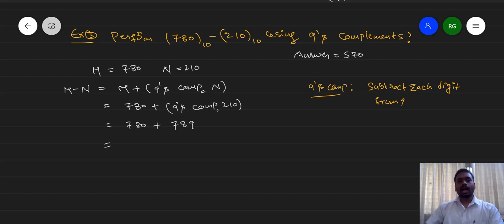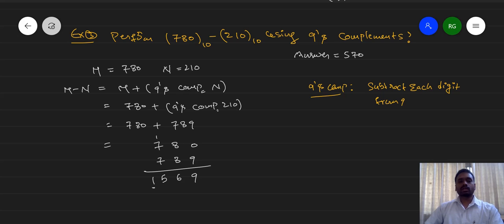So let us add these two numbers. The first is 780, the next is 789. 0 plus 9 is 9, 8 plus 8 is 16. In that 16, 1 is the carry and 6 is the sum. Again, 1 plus 7 plus 7 is 15, so 1 and 5.